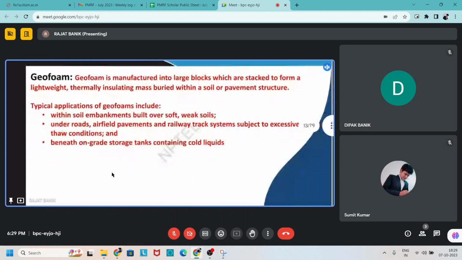Then geofoam. Geofoam is manufactured into large blocks which are stacked to form a lightweight, thermally insulating mass buried within a soil or pavement structure. So geofoam also has a 3D structure.